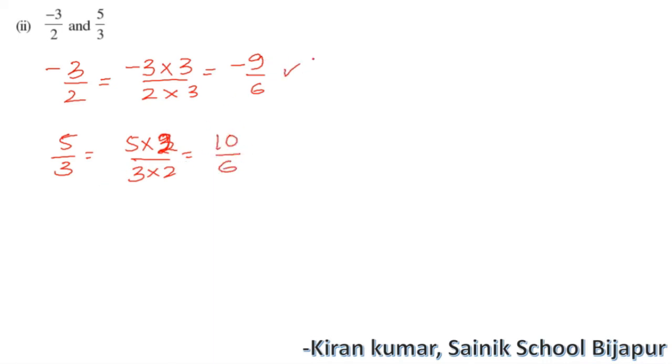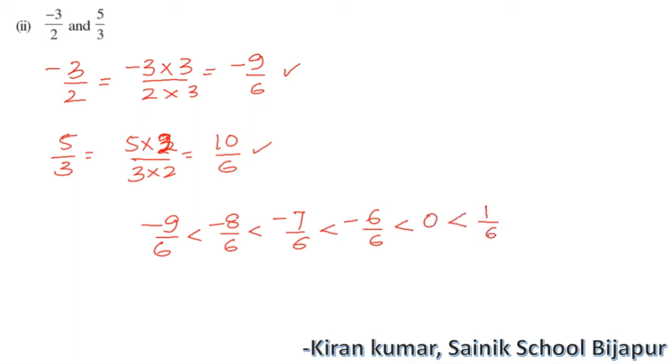Now between these two numbers I have negative 9 by 6 less than negative 8 by 6 less than negative 7 by 6 less than negative 6 by 6 less than 0 less than 1 by 6 less than 2 by 6, and I can continue till less than 10 by 6. So more than 5 numbers we have found between the given rational numbers.